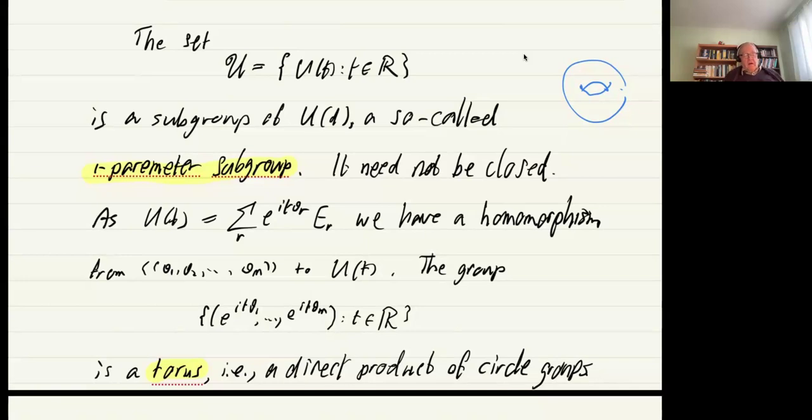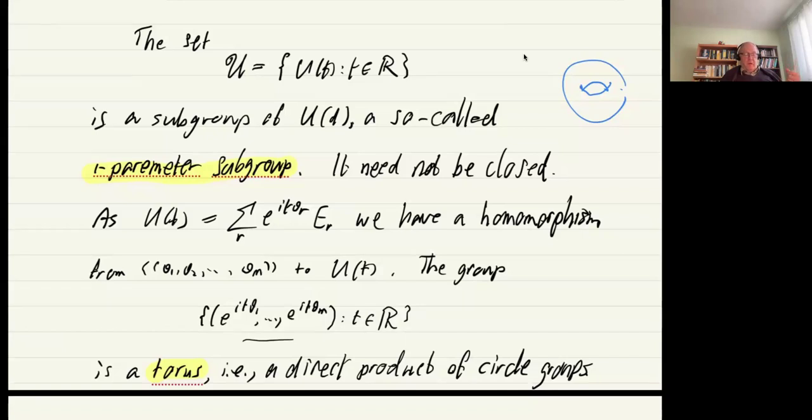And so we're getting a homomorphism from the thetas to U(t). The thetas would generate a subgroup of the reals, but we're going to be taking everything mod 1. So this group is, technically, called a torus, and it's a direct product of circle groups. This is a more general homomorphism than we've been talking about before.